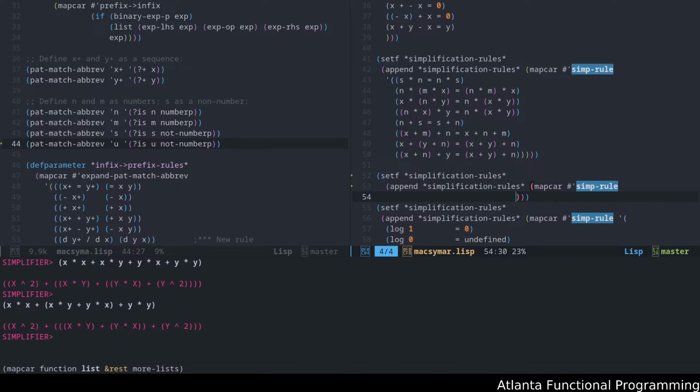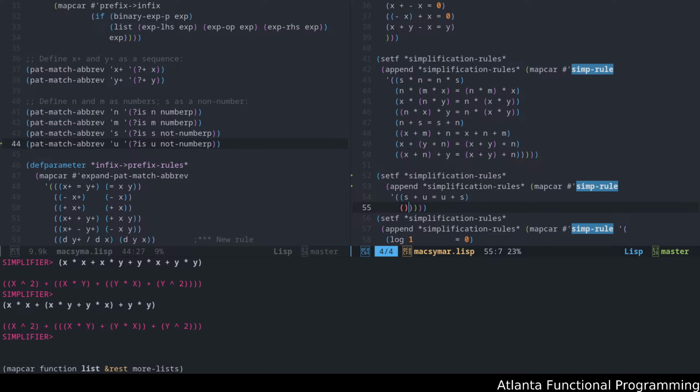This, let's go ahead and get this kind of matching what we have here. Okay, and we'll have s plus u equals u plus s, which is the commutative property of addition. And let's try s times u equals u times s.